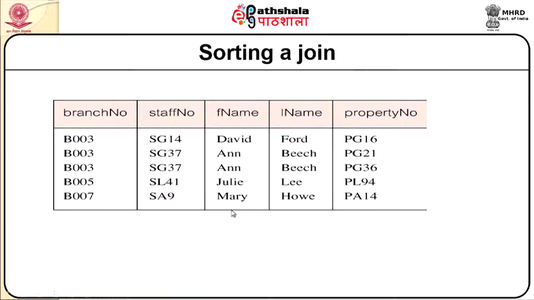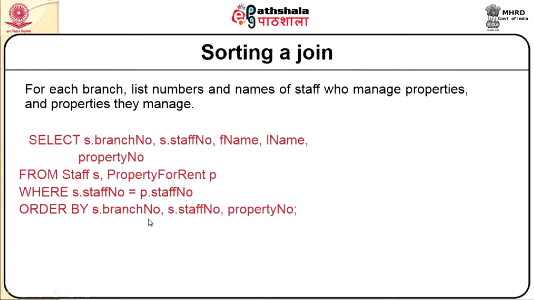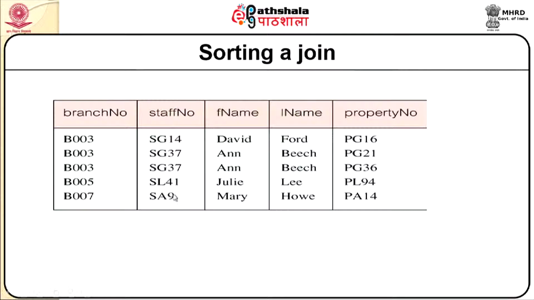It lists branch number, staff number, first name, last name, property number, and orders it by S.branch number, S.staff number and property number. So this is how it has been listed.